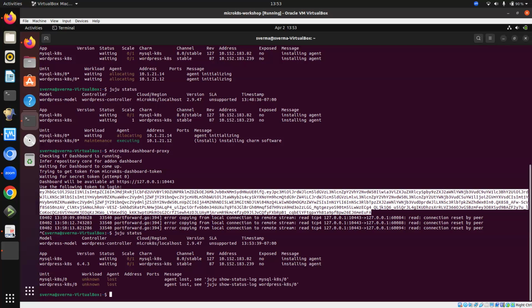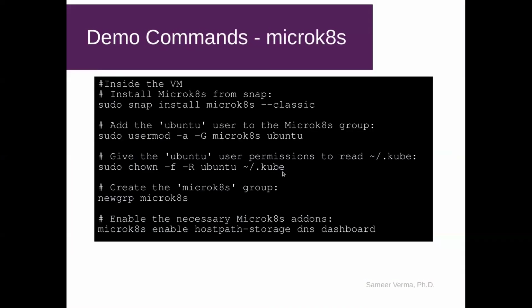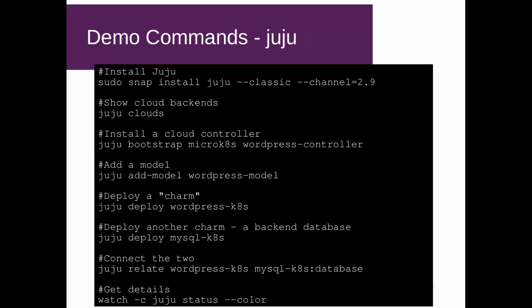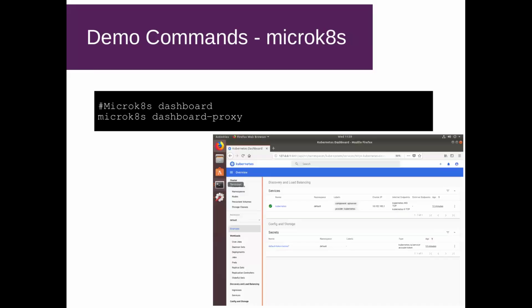I do have some more steps that would work after this, which I think because of the Zoom running in the back is not doing this, but this step here where it says juju relate, that command basically connects the two. And then finally, you can use this command to get your admin password for WordPress and log into WordPress and then be able to set up WordPress from there. It'll basically be running inside. So, and then that's our dashboard that we just ran.